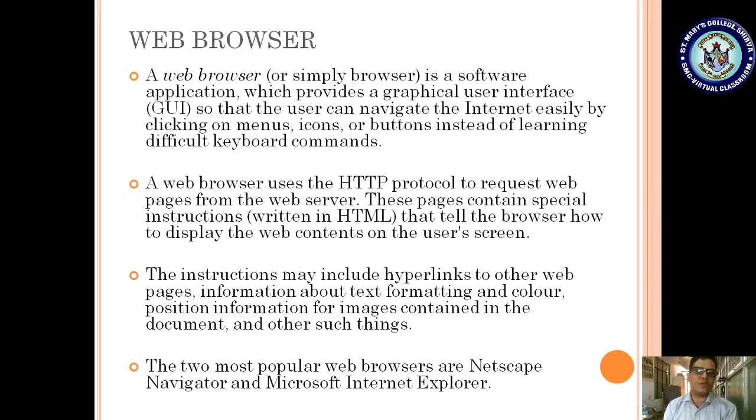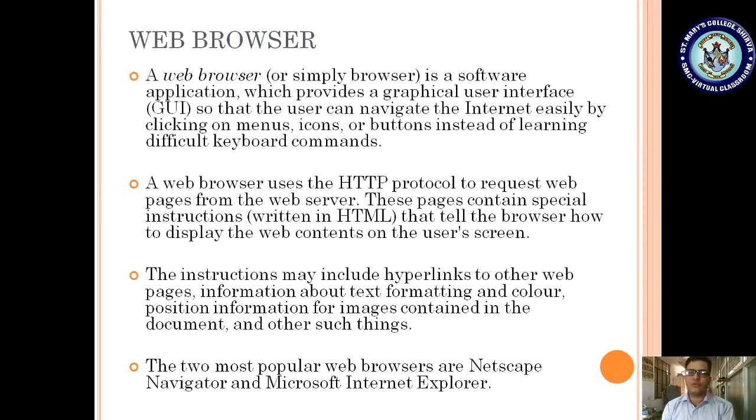A web browser, or simply a browser, is a software application which provides a graphical user interface so that the user can navigate the internet easily by clicking on menus, icons or buttons instead of learning difficult keyboard commands.